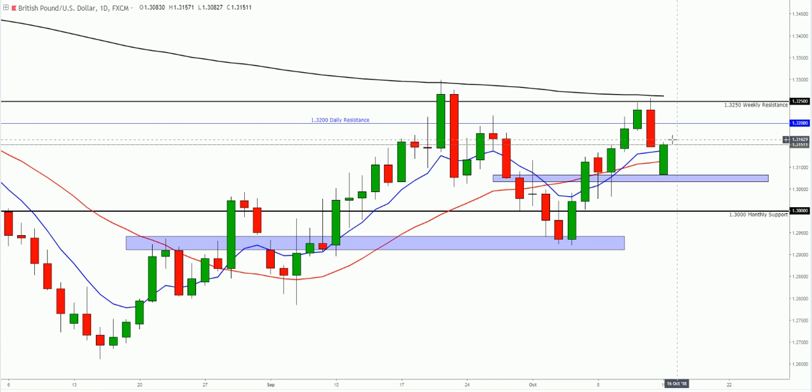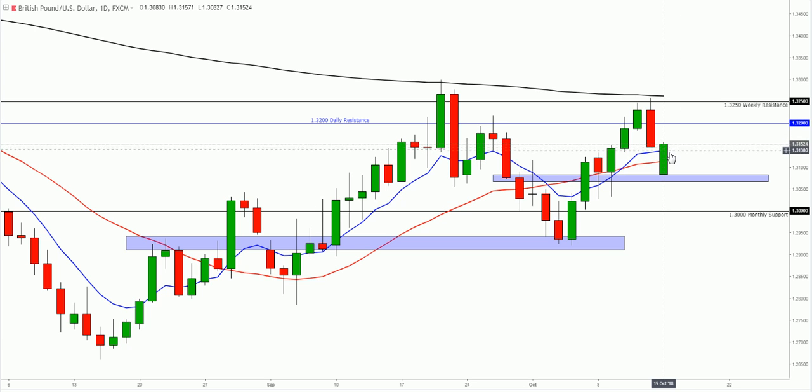However, where we are now, it is a decent region to see a pullback from. Potentially, I'm not sure how far we will pull back today. We could, no reason why we can't push all the way to the 1.3200 daily resistance with the moving average crossover to the upside.